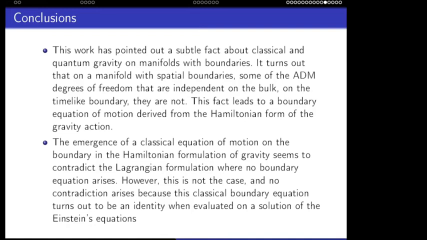Suppose you specify the initial conditions HAB and phi AB at the initial time, so that these constraints are satisfied. But also at the initial time plus 1, plus 2, plus 3, and at the final time.